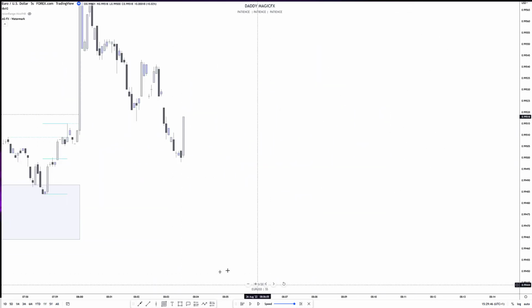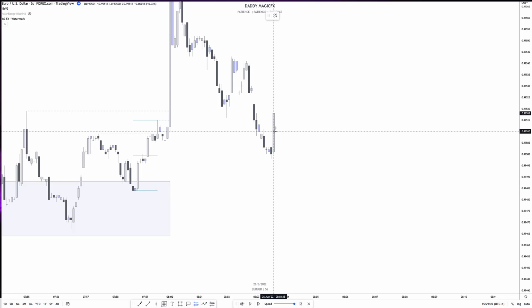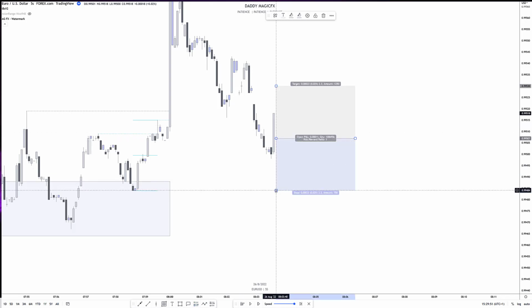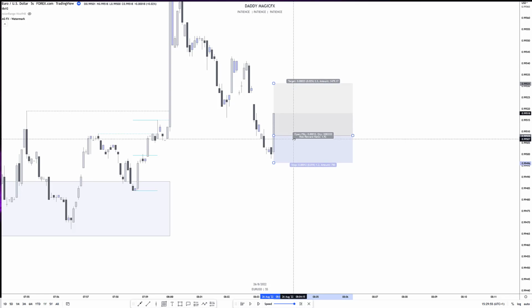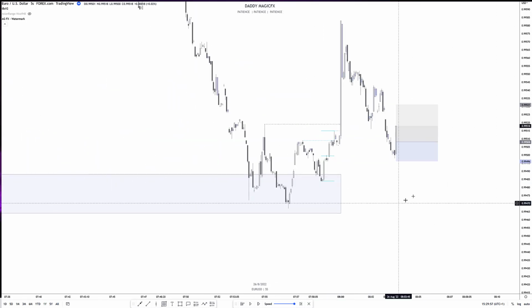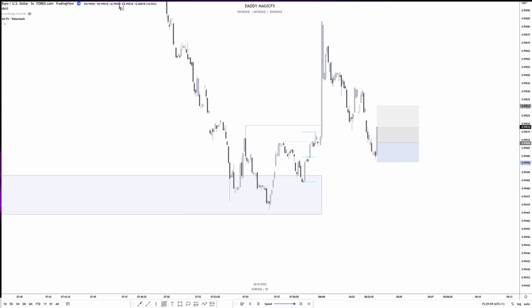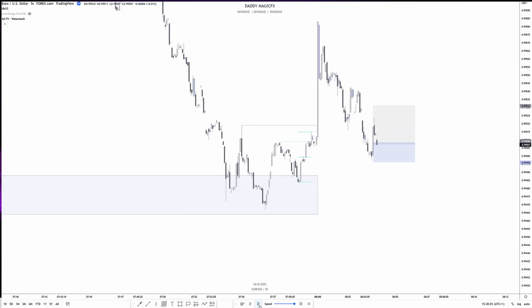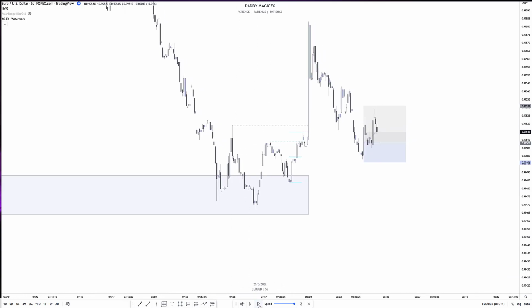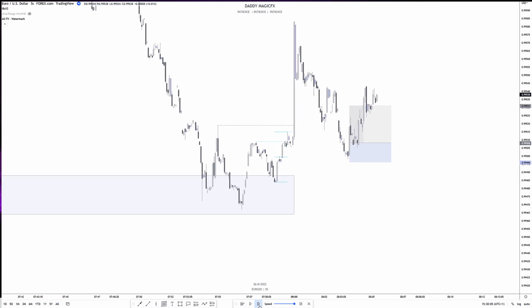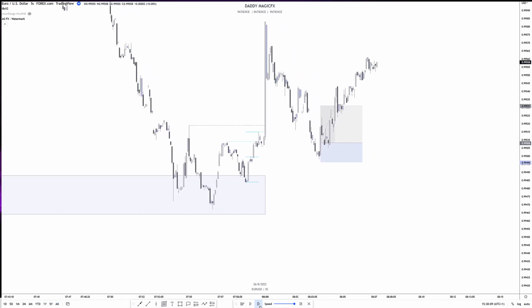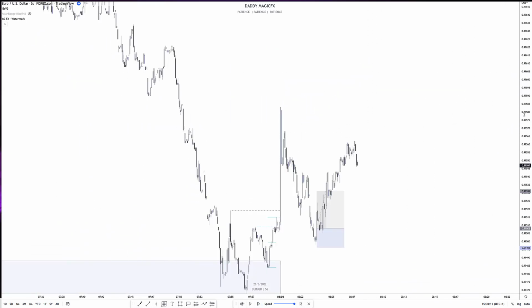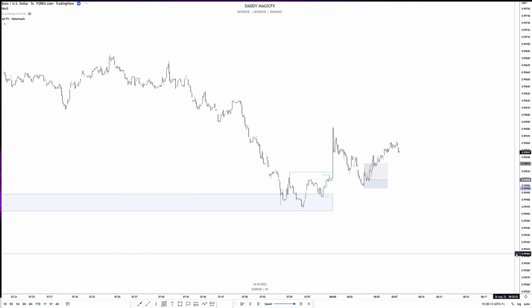Okay, so at this point you can actually decide to get involved in a trade right there. That is absolutely what you can do. The price comes back down, tags you in, and it continues to push up from there.